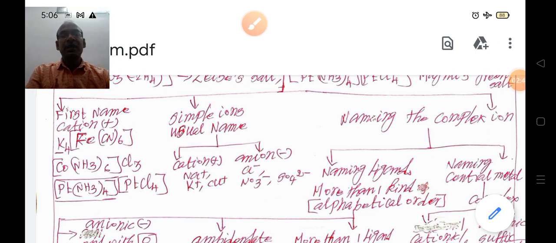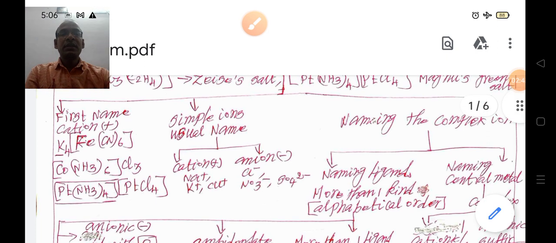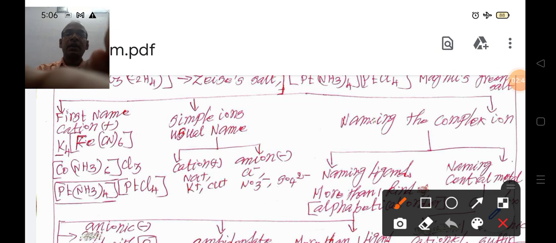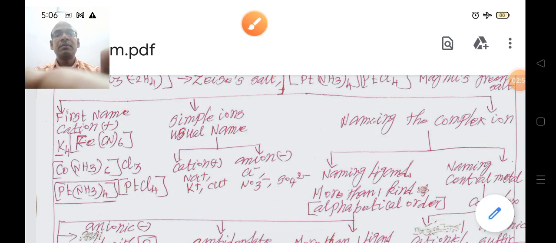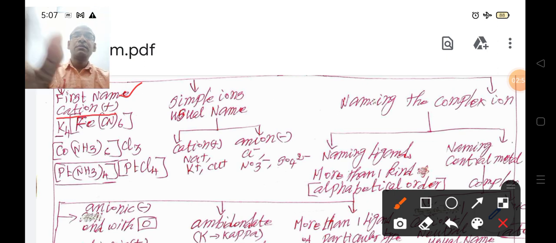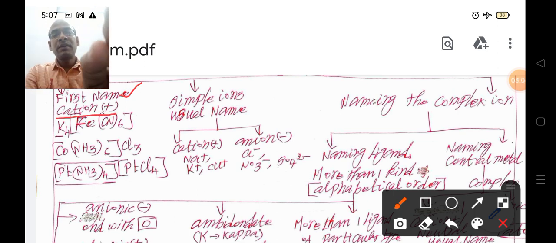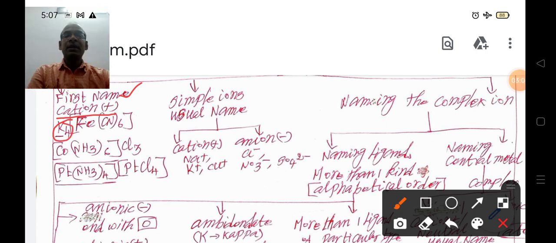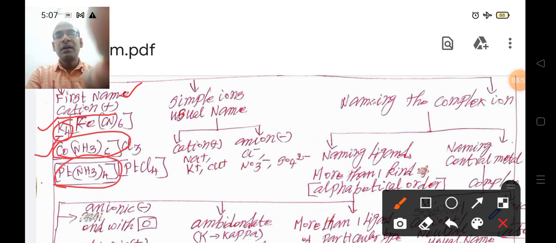First point, number 1: the first name is given to the cation, that is, the positive ion. This positive ion may be a simple ion, like that of potassium, or a complex ion.